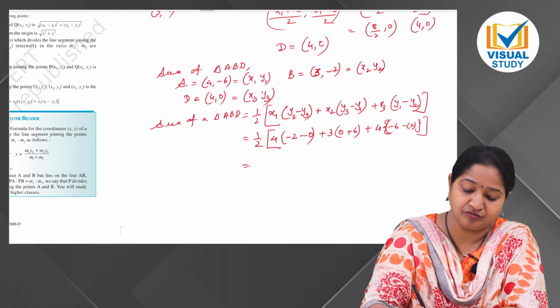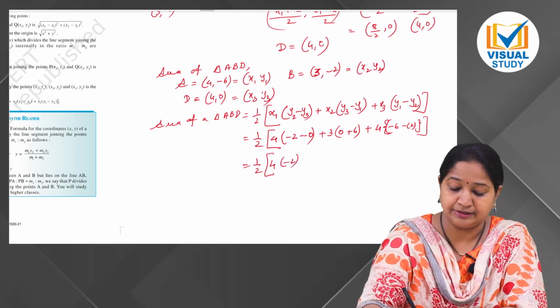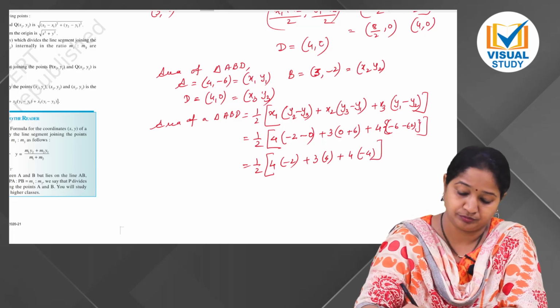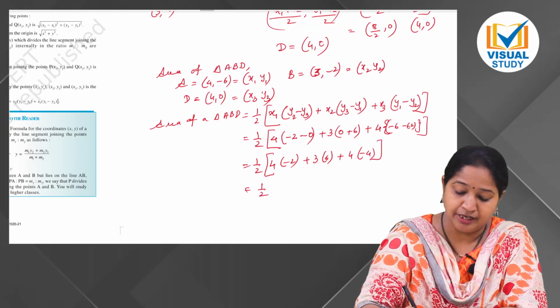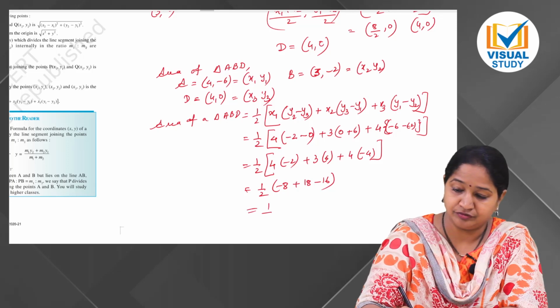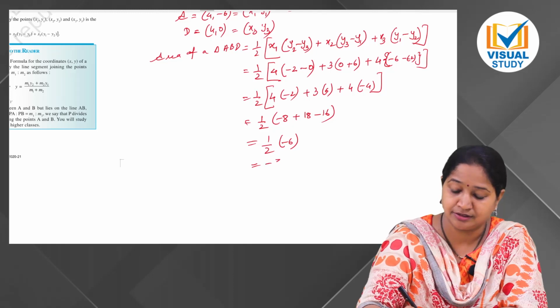Half into (4 into -2) plus (3 into 6) plus (4 into -6 plus 2, that is -4). What you get is half into -8 plus 18 minus 16, which is half of -6, equal to -3.